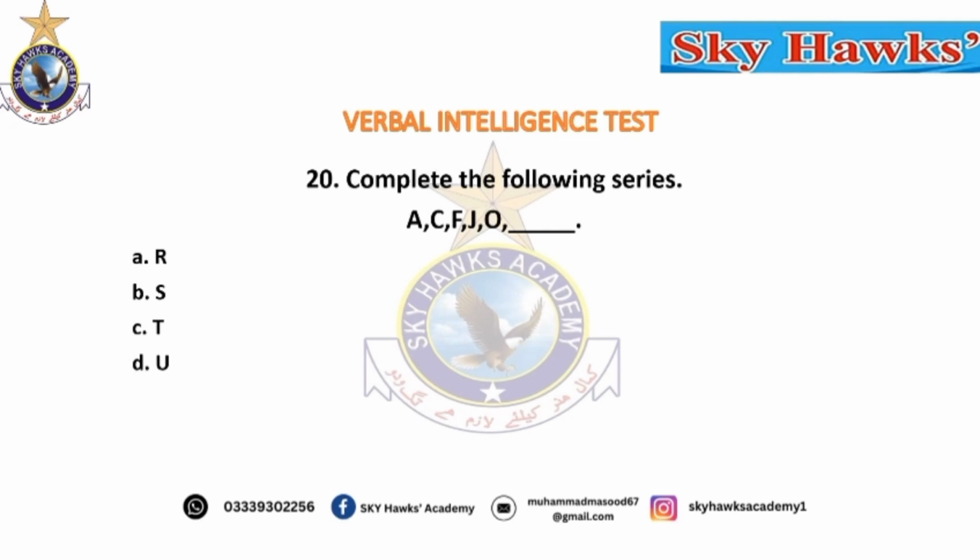From A to C we add 2 letters, B and C. From C to F we add 3 letters, D, E and F. From F to J we add 4 letters, G, H, I and J. From J to O we add 5 letters, K, L, M, N and O.